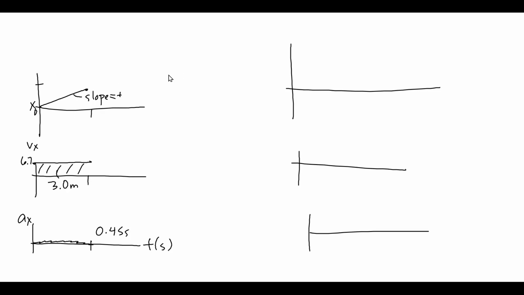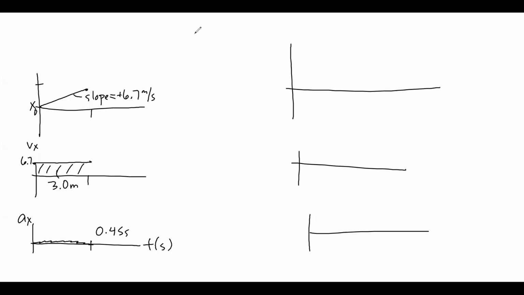Slope of that line is plus 6.7 meters per second. So as far as the graphs of x position, velocity, and acceleration in the x direction are concerned, this is just an object that's moving to the right with speed 6.7 meters per second.